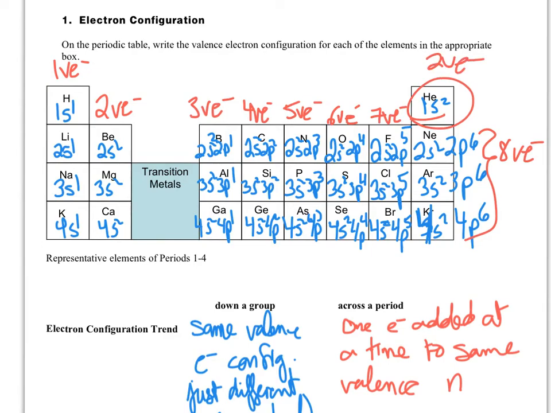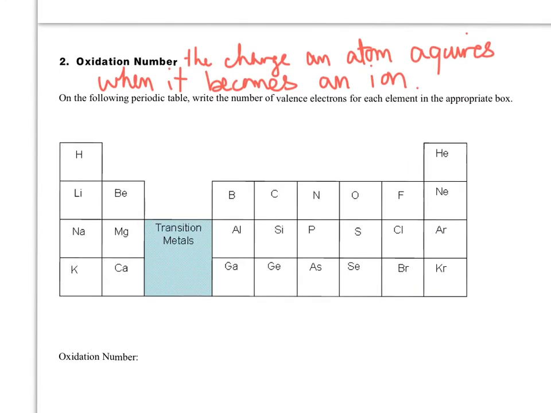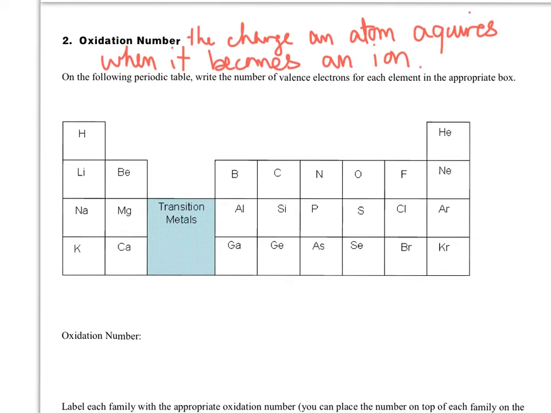So if you look at the next page, I'm going to go ahead and write my valence electrons again here. I'll write the valence electrons in blue.